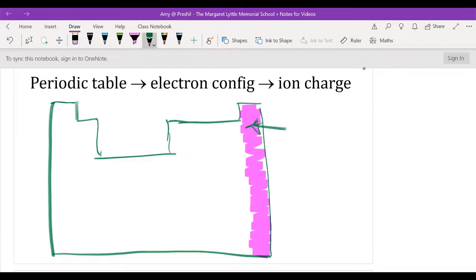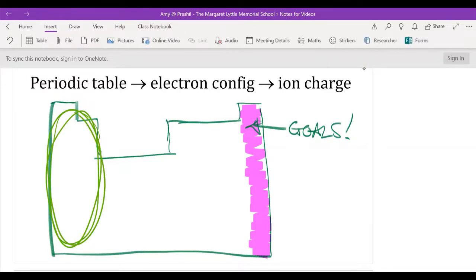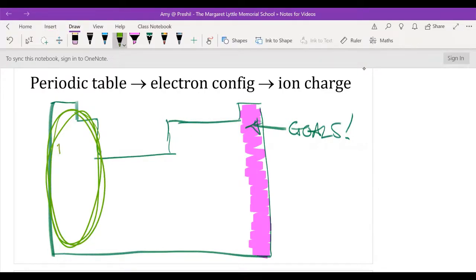This is the goal. So if you are a metal, particularly one in these two columns, you are either going to lose 1 electron or 2 electrons in order to get that goal.